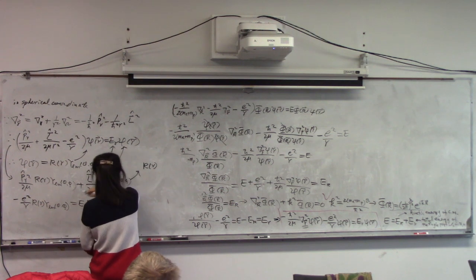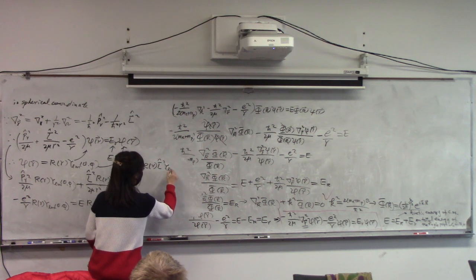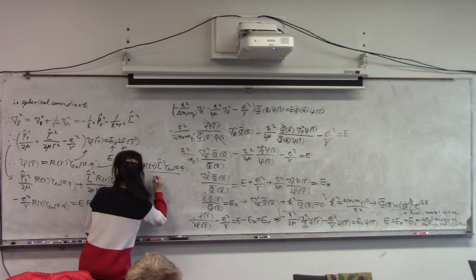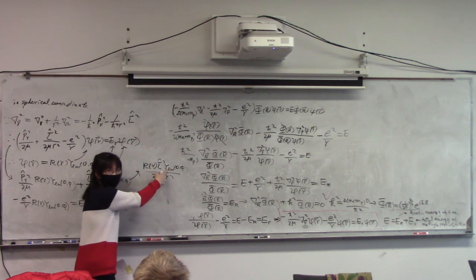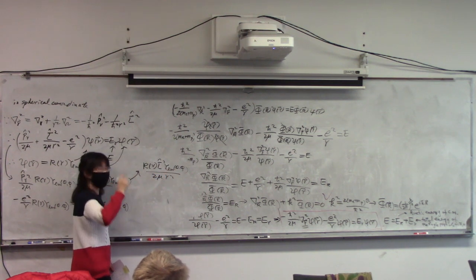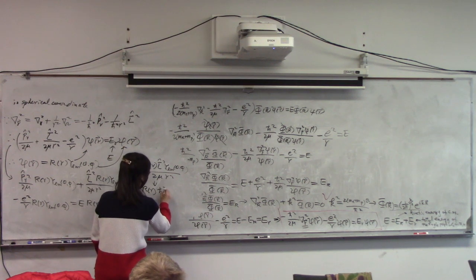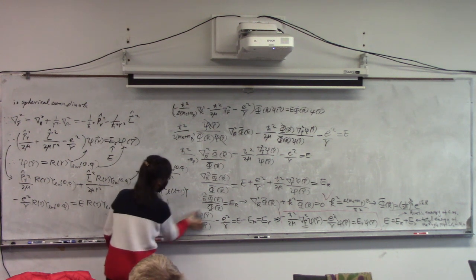Since I don't want to repeat the others, now the second term, I can take this radial function R in front of the L squared. Then this is L times L plus 1, so H bar squared, L times L plus 1. I still keep it.